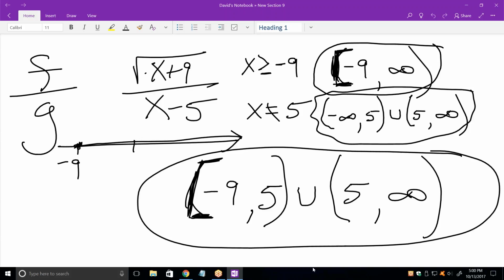So if I want to combine the two, then I've got to go from minus 9 to 5 in union with 5 to infinity. And I do need a bracket next to my minus 9. X can still be minus 9. When we reverse these and do G divided by F, then x isn't going to be able to be minus 9 anymore, because that's going to make the whole thing 0 in the denominator.